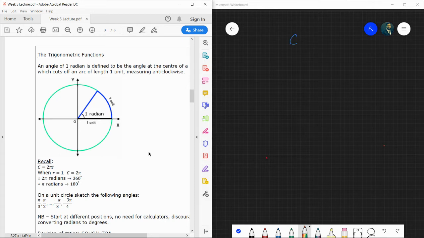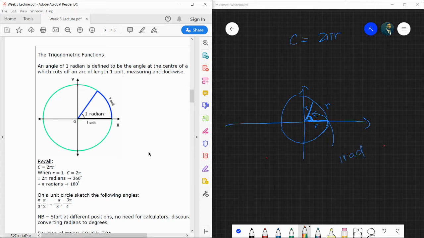As you can recall, C equals 2 pi r. That's the circumference. And we are saying if we make an angle such that the arc length is equal to the radius, the angle that forms at the center is 1 rad.